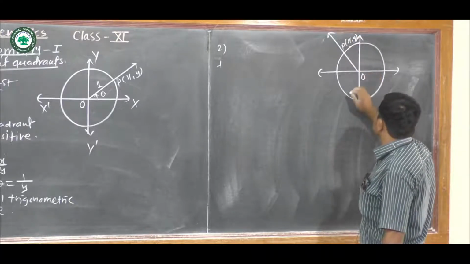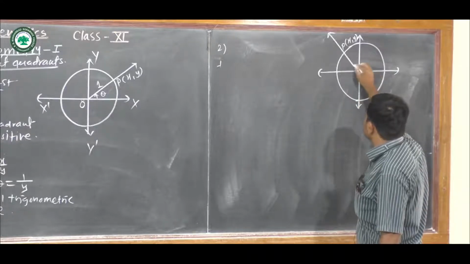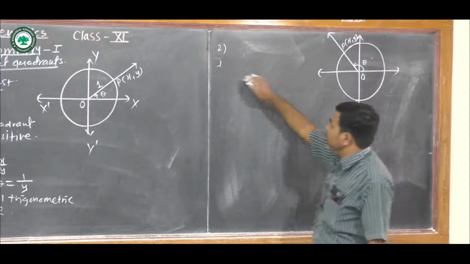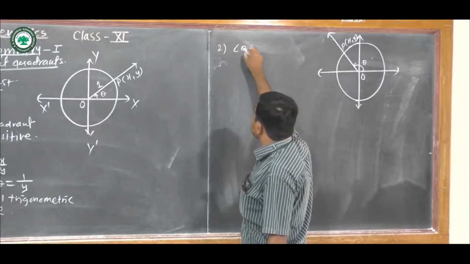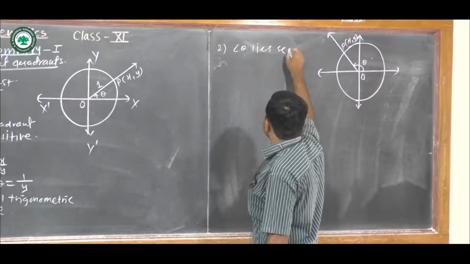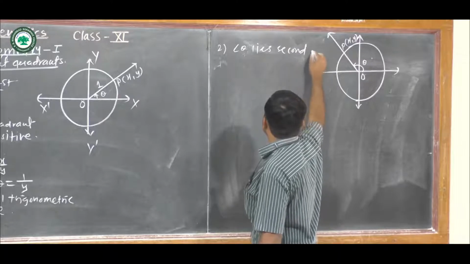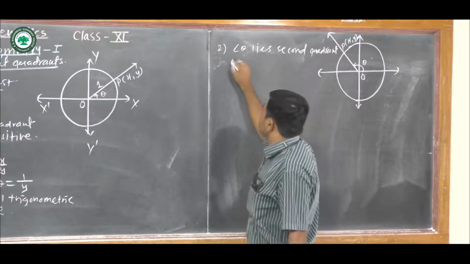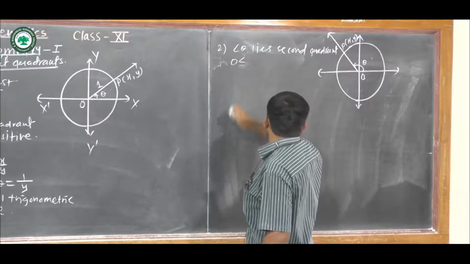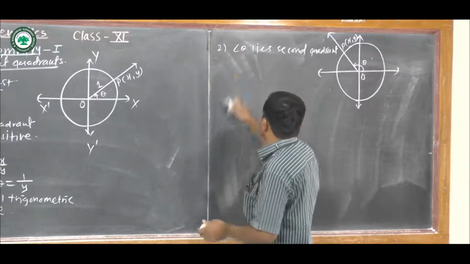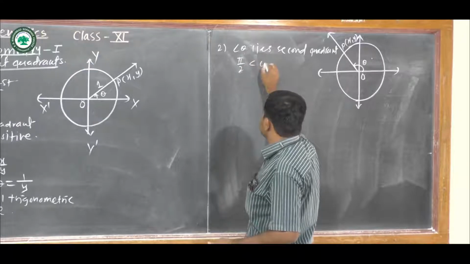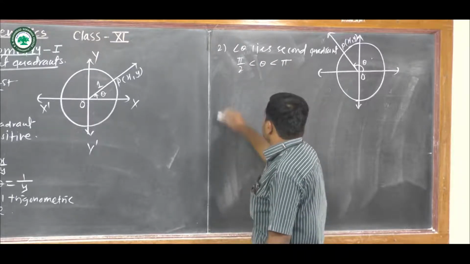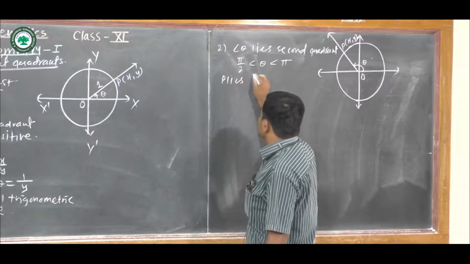This is origin O and this angle is theta. Angle theta lies in second quadrant. So therefore in second quadrant pi by 2 is less than theta is less than pi. Point P lies in second quadrant.